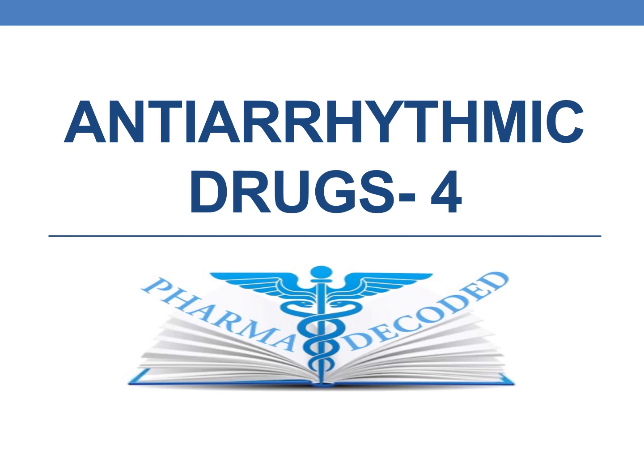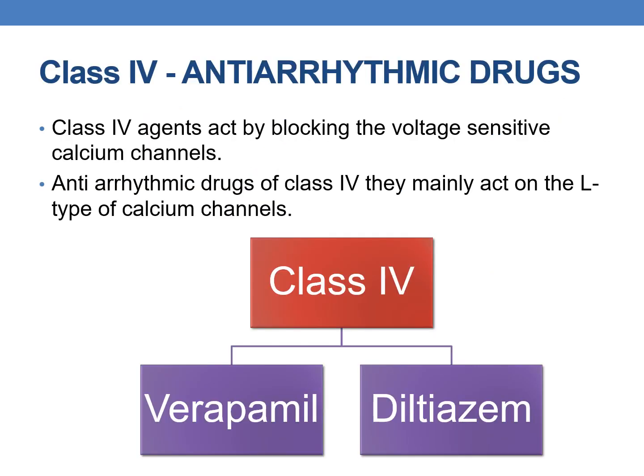In the current session, we will be discussing class 4 of antiarrhythmic drugs, which are nothing but calcium channel blockers. The class 4 agents mainly act by blocking the voltage sensitive calcium channels, and they mainly act on L type calcium channels.